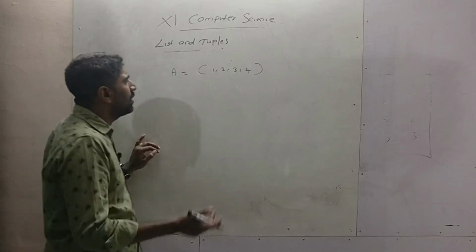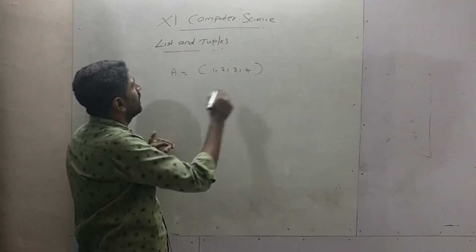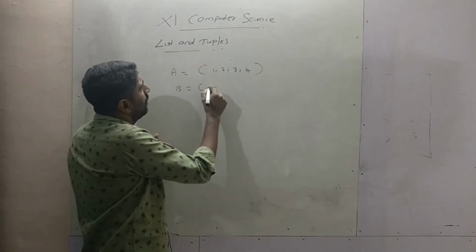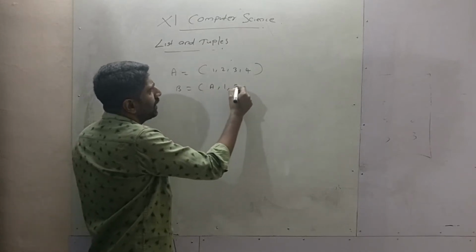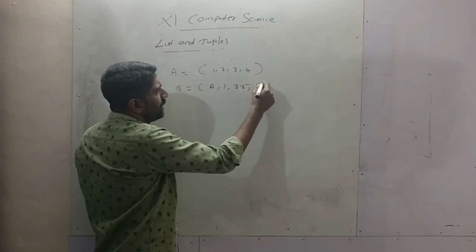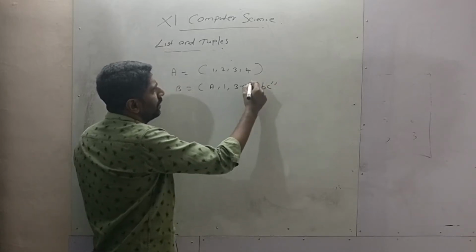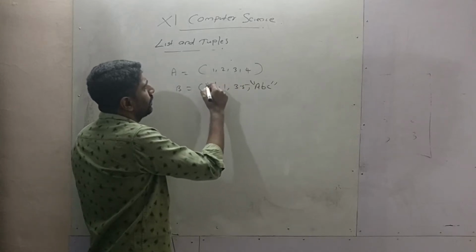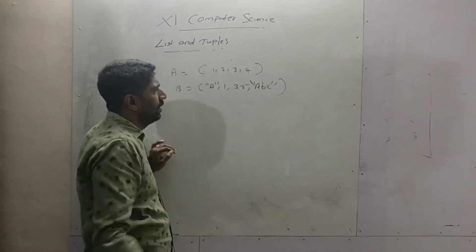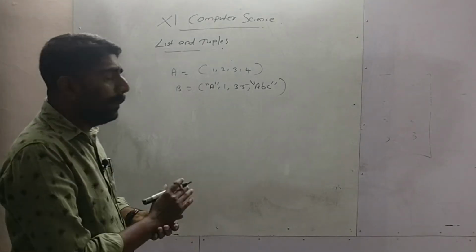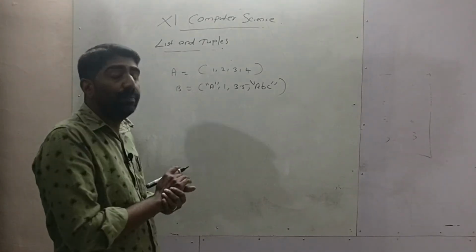In a tuple also you can use different types of data. Here b is equal to ('a', 1, 3.5, 'abc'). Different types of data we can use in a tuple, but the tuple is immutable.